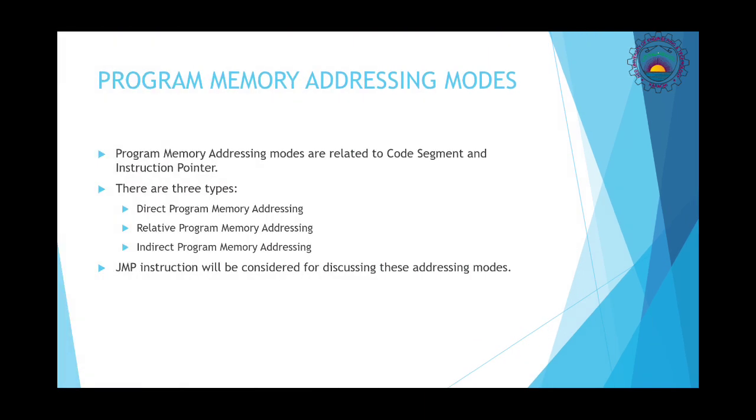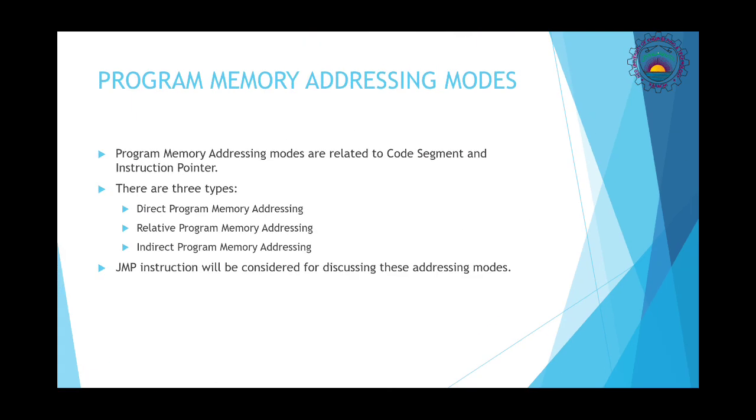So first of all, we have to cover program memory addressing modes. As the name shows, that is related to the program memory, and program memory is the code segment. So during this discussion, we will be considering the code segment and the instruction pointer register of the microprocessor.